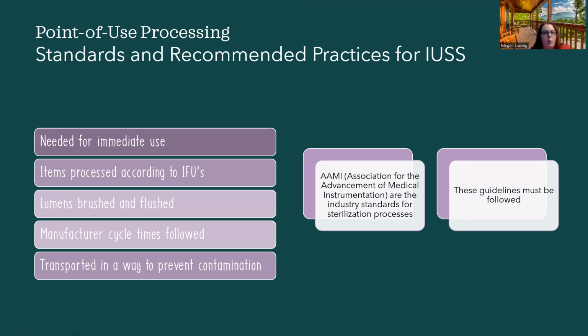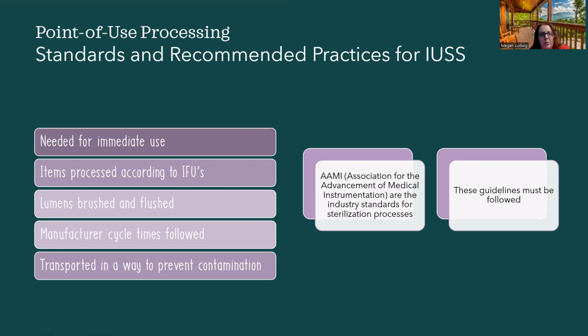So when we're talking about IUSS, or immediate use steam sterilization, we are going to use this sterilization process for things that the surgeon needs right away, has to have. Maybe you dropped the only pair of scissors that he likes or works, I guess you could say, in surgery, has to have it.